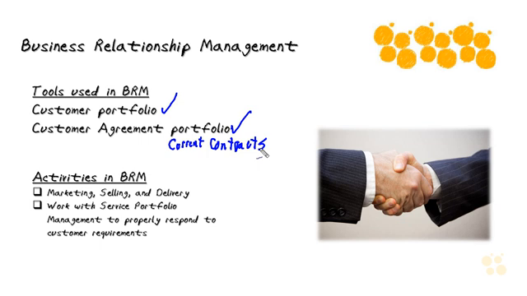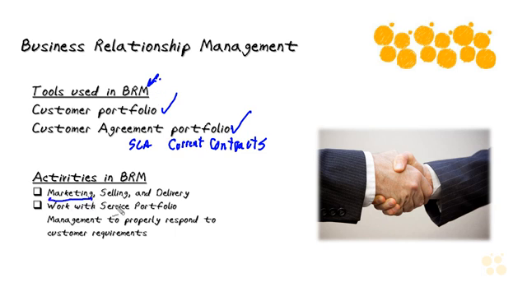We're also going to have our SLAs, our service level agreements, in here, so that we can maintain our good relationships using SLM. That's where service level management comes in. And so you can see how SLM, very similar, also helps out in your BRM.